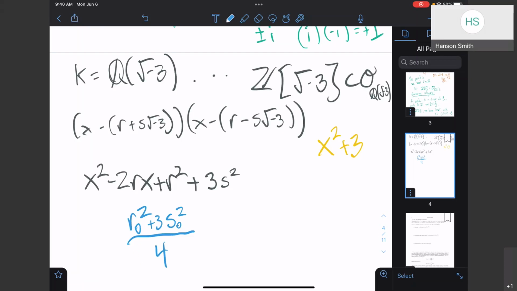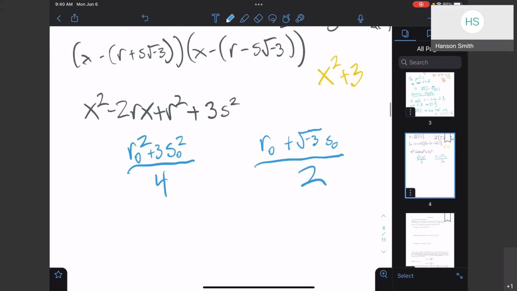We actually do get elements that look like r naught plus square root of minus 3 times s naught over 2. So r and s can have 2 in their denominator.